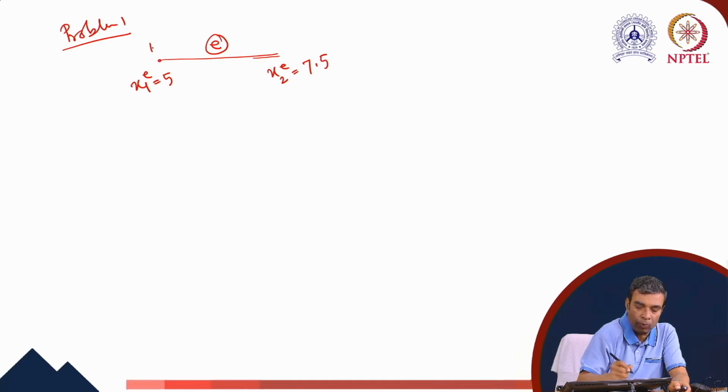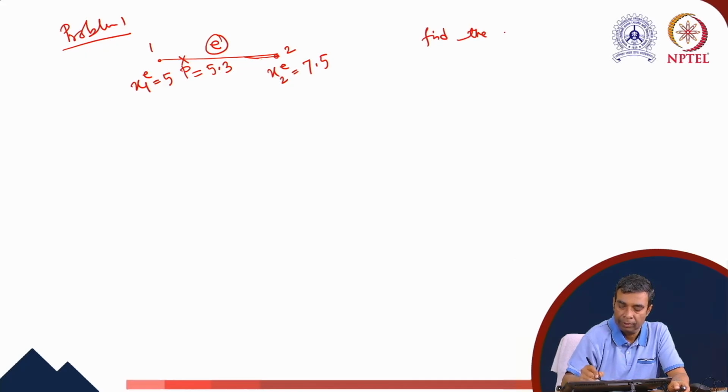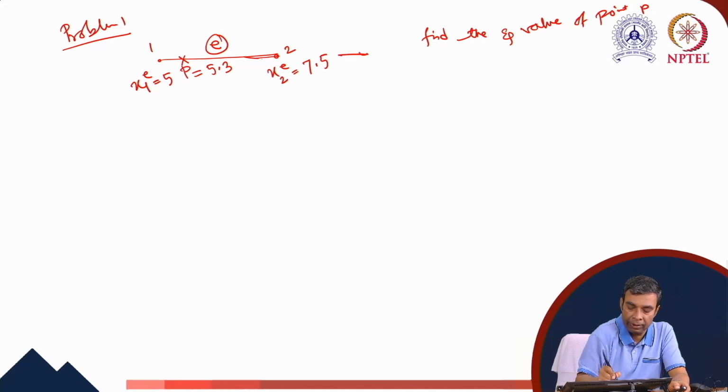So this is local node 1, this is local node 2. Now let us take an arbitrary point P here whose actual coordinate is 5.3. The question is to find the xi value of point P. So this is the global coordinate system.